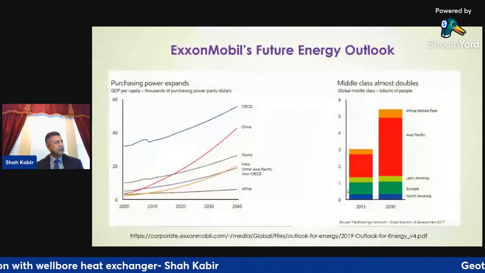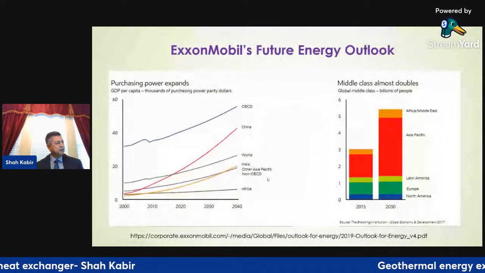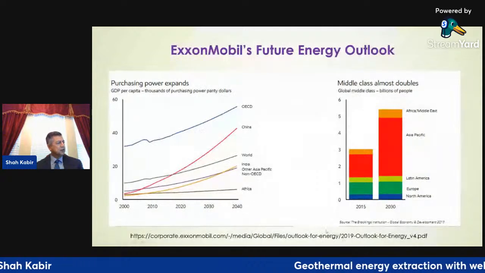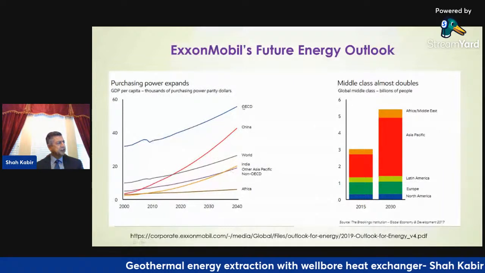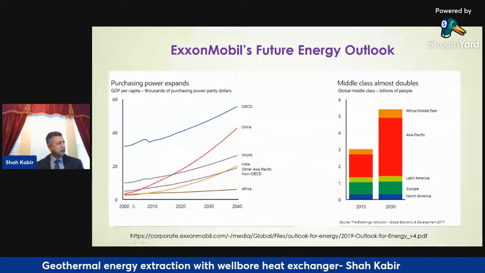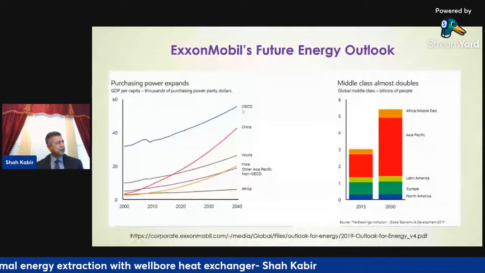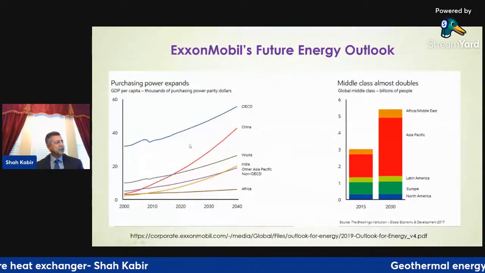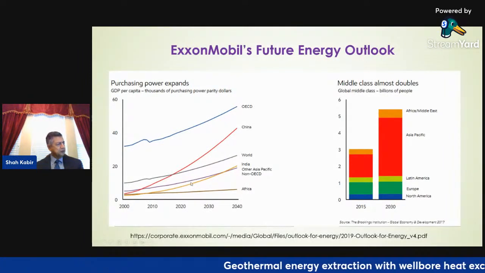Here is the overview from ExxonMobil, which came out not too long ago. As you can see, for OECD countries the prediction is that GDP is going to go up, and the same with China going up, and India follows.